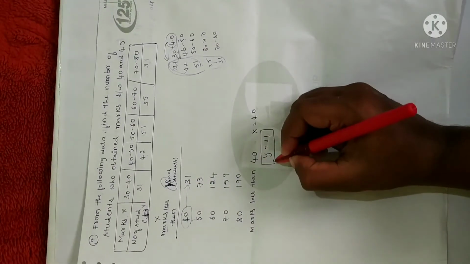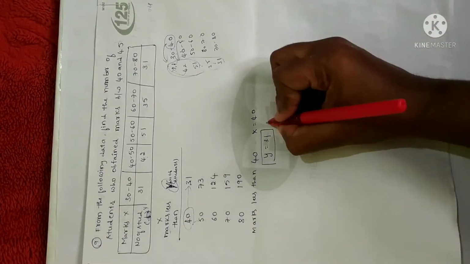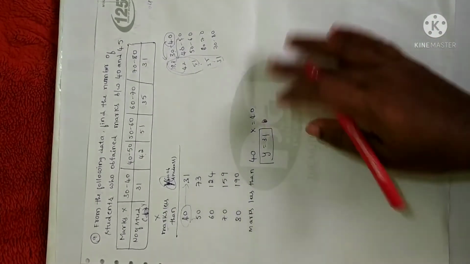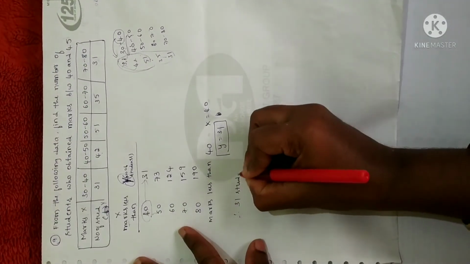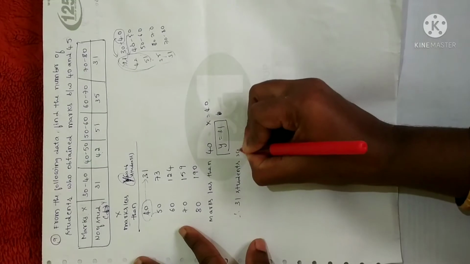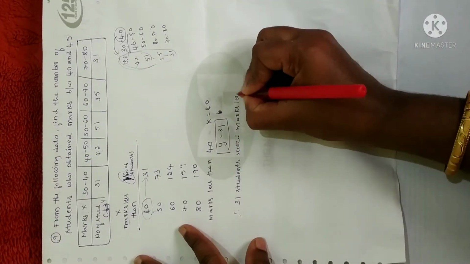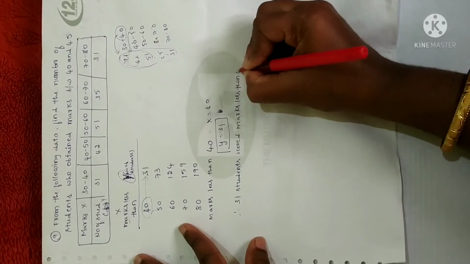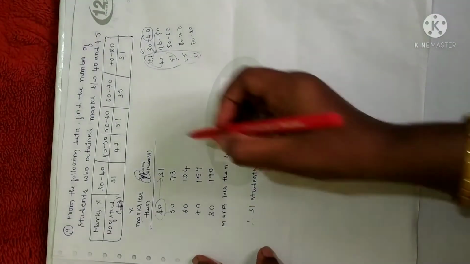So 31 members are the number of students whose marks are less than 40. Let me write one statement. Therefore, 31 students score marks less than 40. Clear?